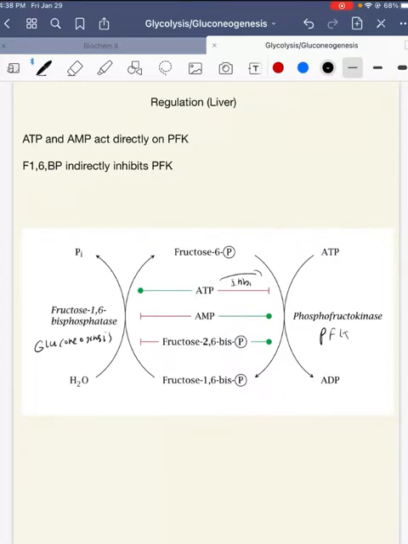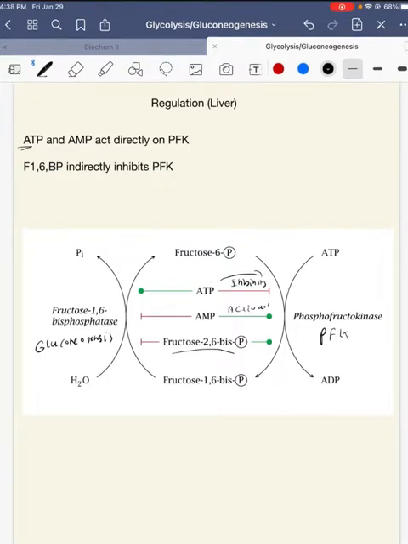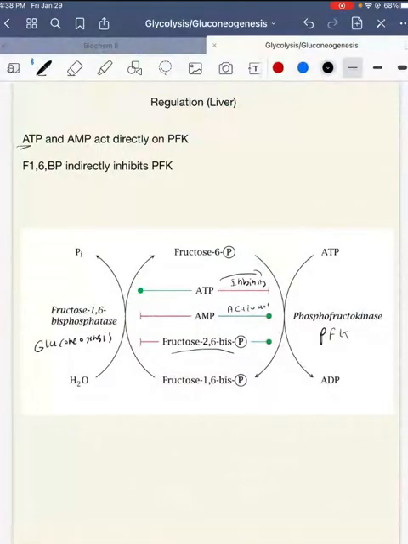The red line is inhibits and the green line is activates. AMP will activate, and fructose 6-bisphosphate will activate PFK. I'll talk about the fructose 6-bisphosphate in just a second. ATP and AMP act directly on PFK, and fructose 1,6-bisphosphate directly inhibits PFK.